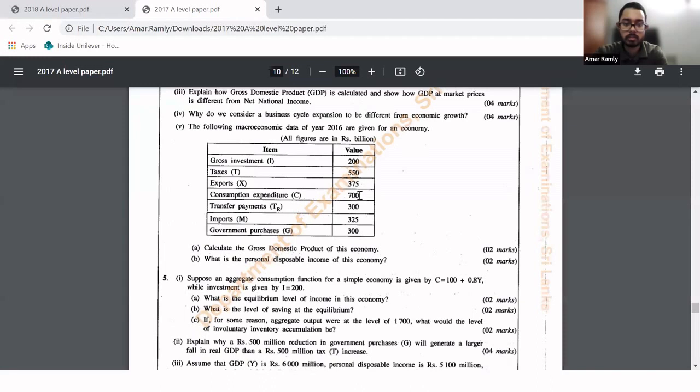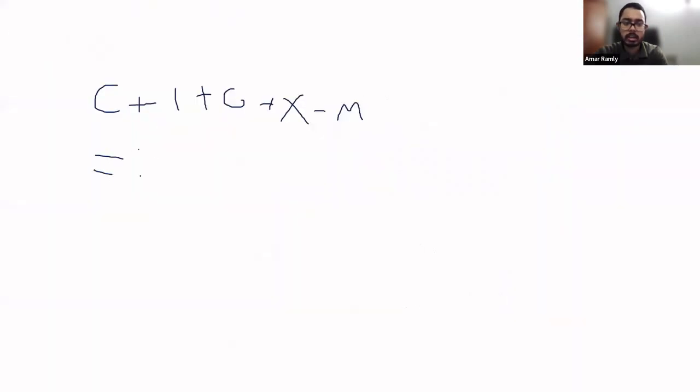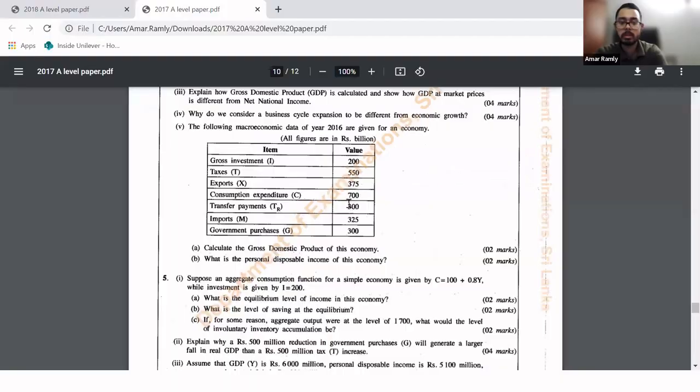So C, which is 700, I, which comes to 200, G, which comes to about 300, X at positive 375, and imports M at minus 325. If you add all of those up, you should get a final GDP figure of 1250. So that should be your answer for part A.